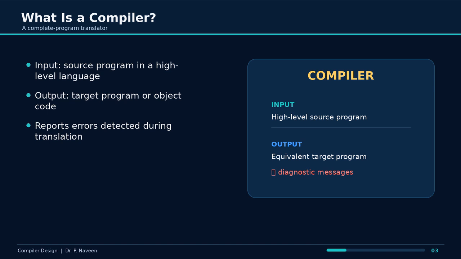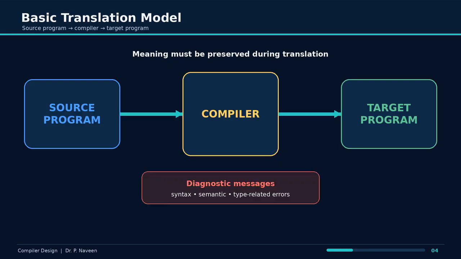The target program may be assembly code, object code, or machine code. A compiler normally checks the complete program. It also finds errors in the program. For example, it can find missing semicolons, undeclared variables, or an incorrect statement. After the errors are corrected, the compiler generates the target code.